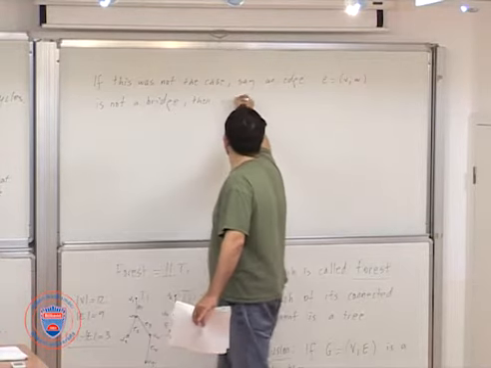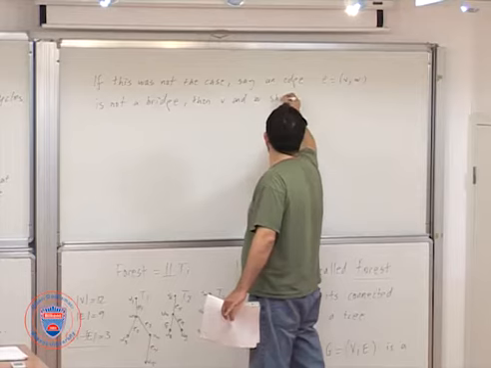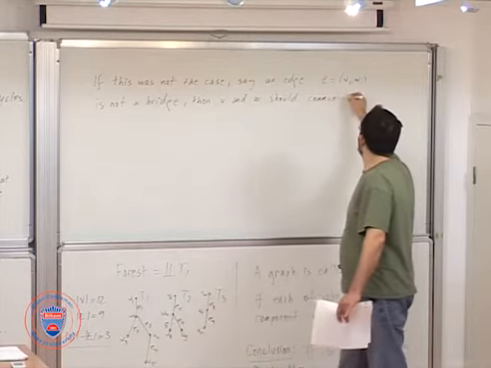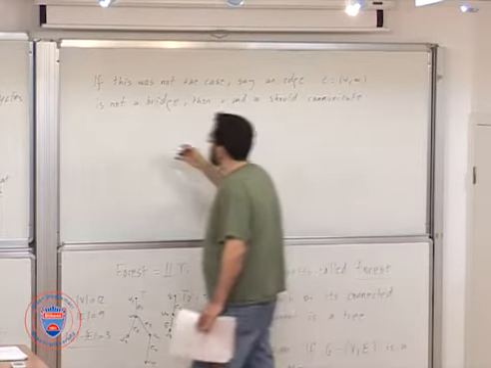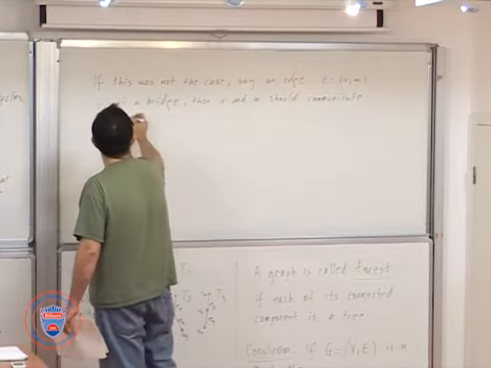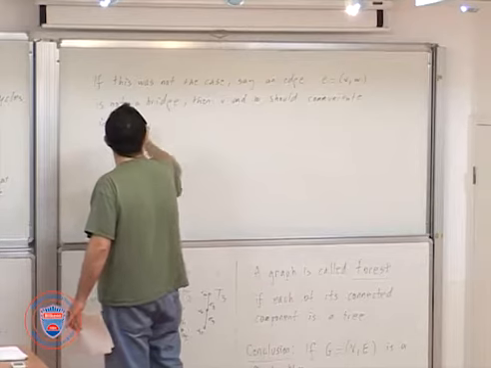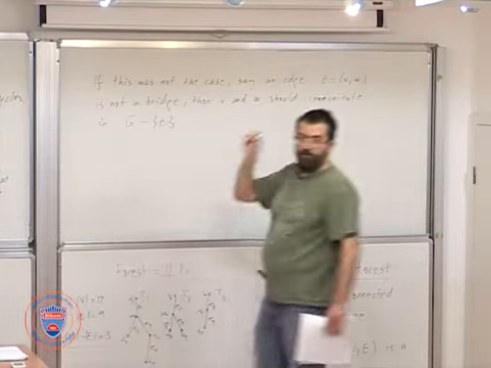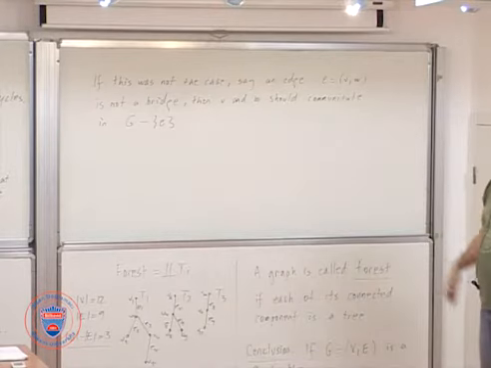Then V and W should be connected, should communicate in the graph where you take out the edge E. So when you take out the edge E, they should still communicate.